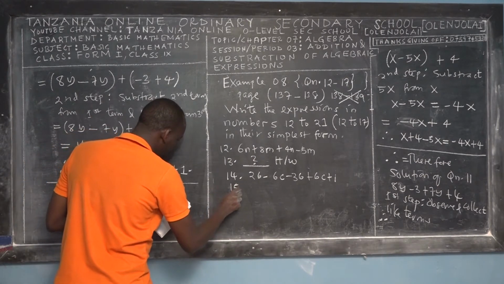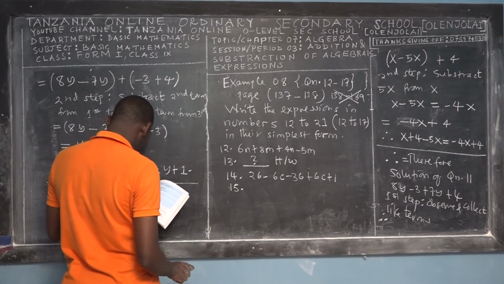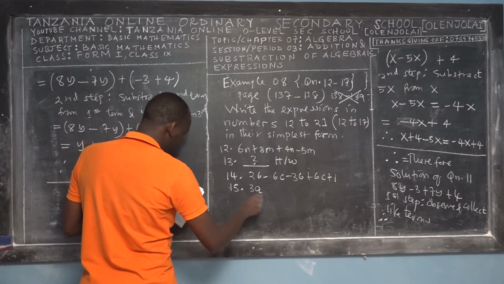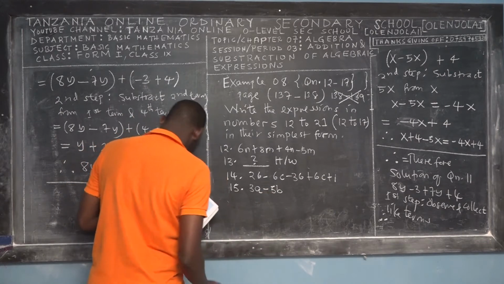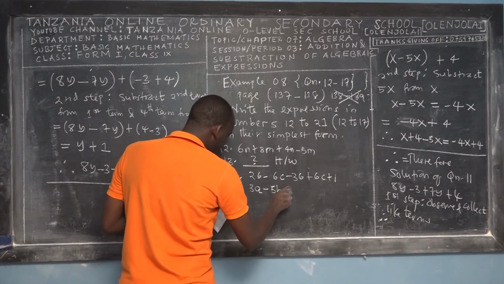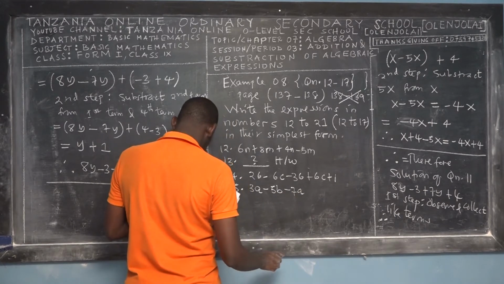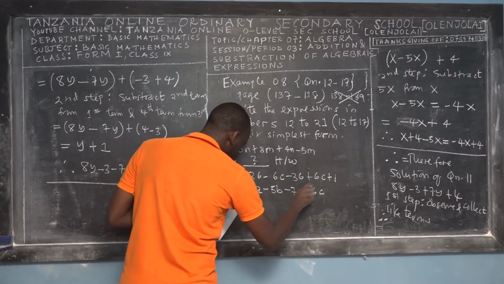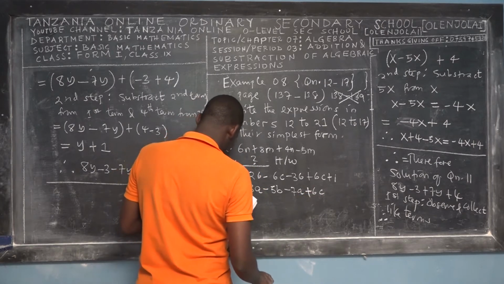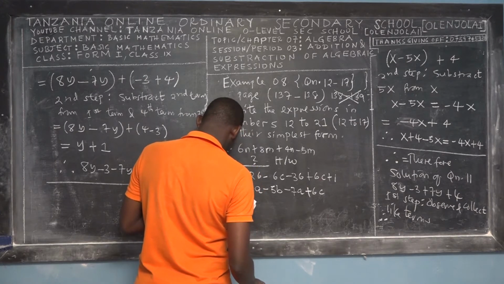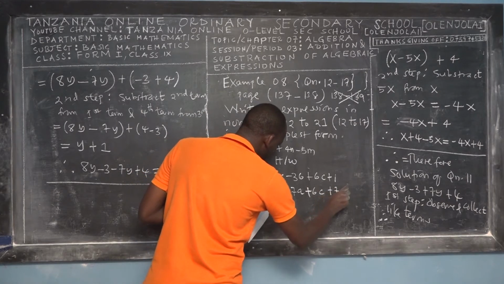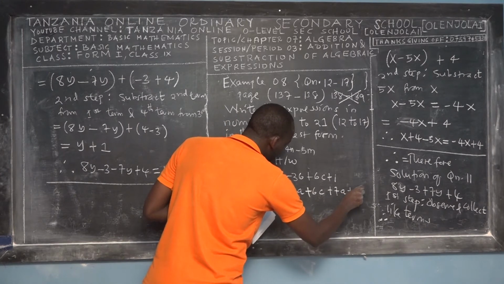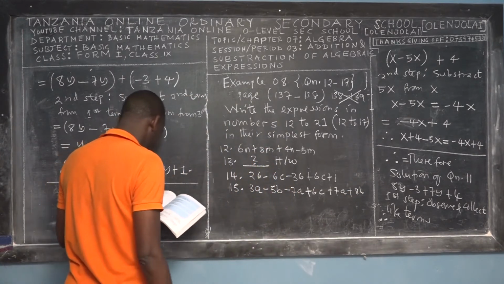Then question 15: 3r minus 5b minus 7a plus 6c plus 7a plus 8b plus 8b.